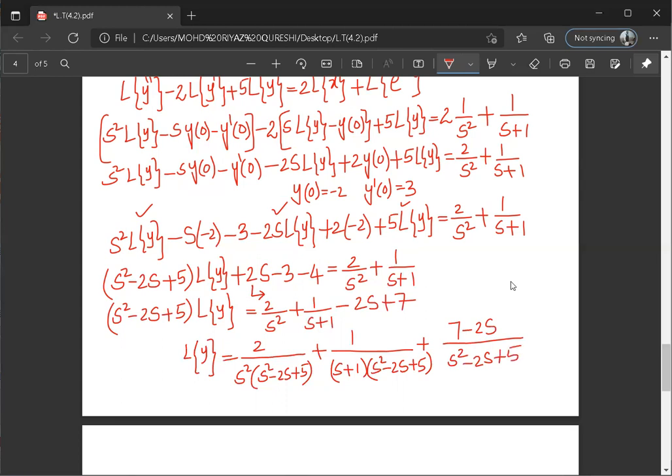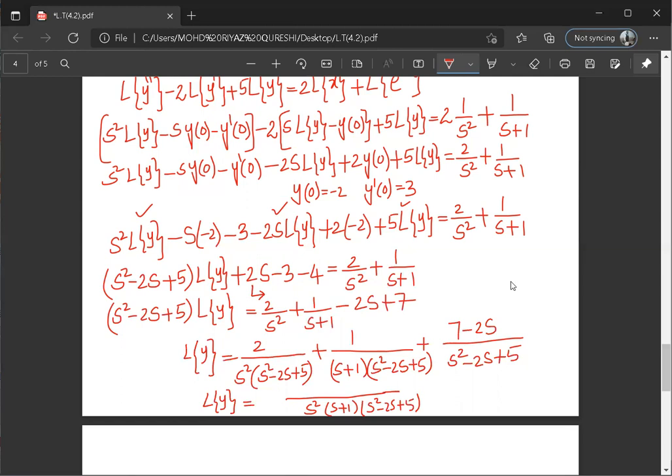Am I correct? Yes. Here you can stop this question, or if you want, you can take the LCM of these two, and I am writing the next step after taking the LCM. If you simplify, your answer will be like that: s square into s plus 1 into s square minus 2s plus 5.